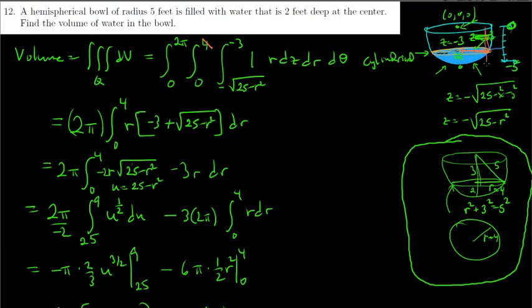It only goes from 0 to 4 rather than 0 to 5, right? Or maybe it's more clear in the bottom picture here, right? The radius of the surface of the water here is 4, not 5. So, yeah, be careful of that.